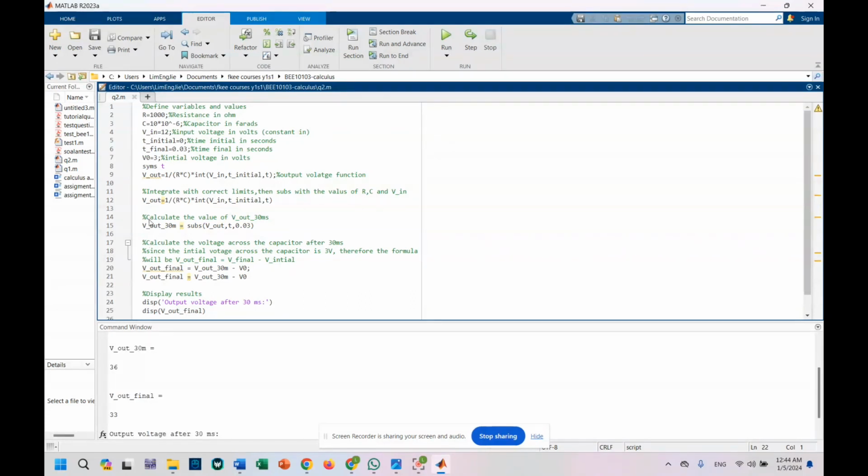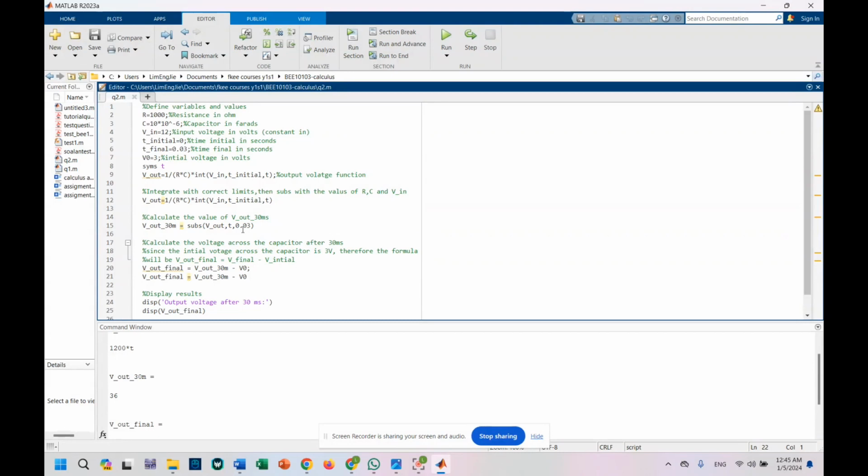After that, I will calculate the value at 30 milliseconds. To calculate this value, I will use subs, which means substitution. This is the function I want to substitute, and this is the value I want to replace it with, so I will replace t with 0.03, and then after I run it, the final value that appears is 36.